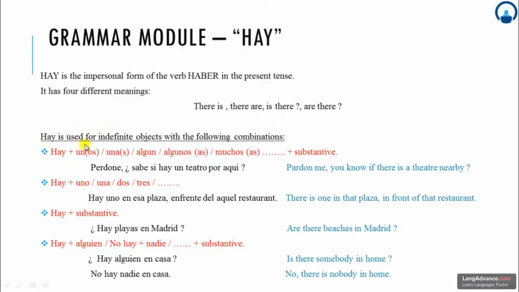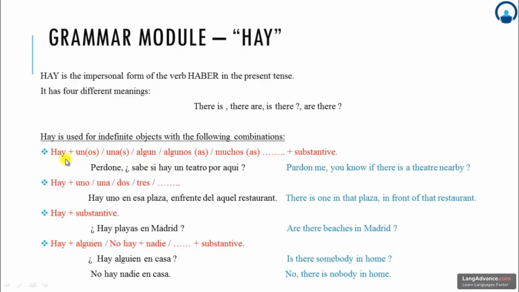Hay is used for indefinite objects with the following combinations. We'll see each combination one by one. First combination. If we are going to use hay with the combination of a or an or some or many plus a sentence.